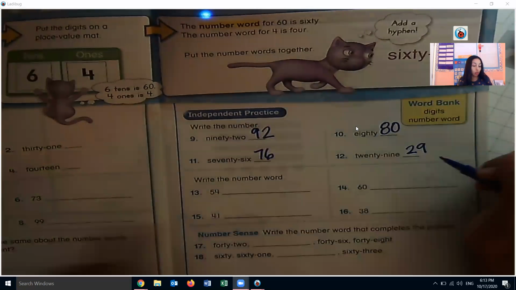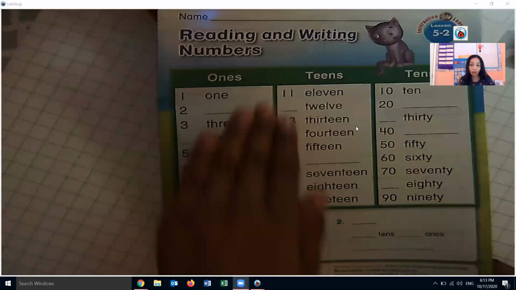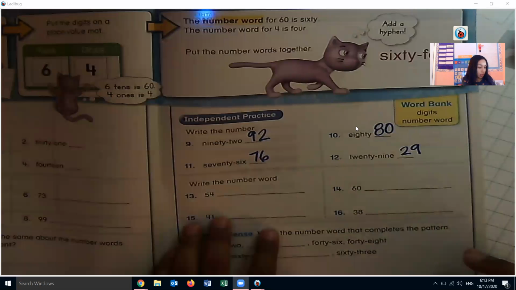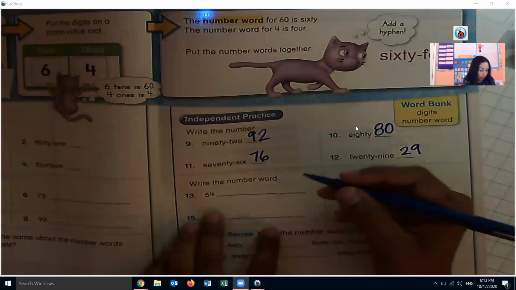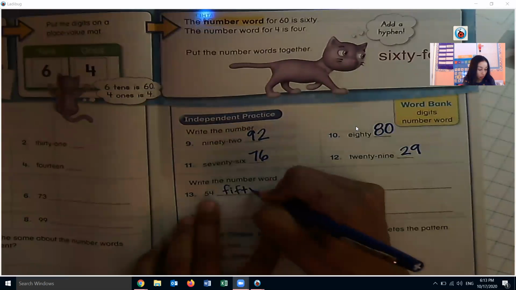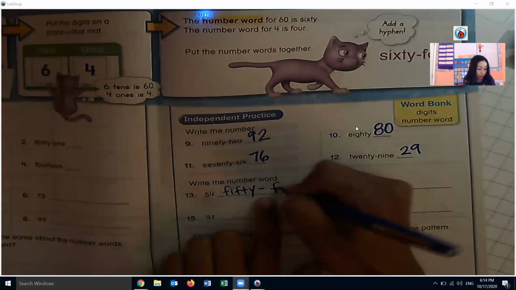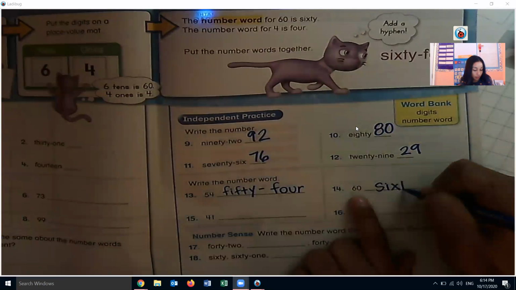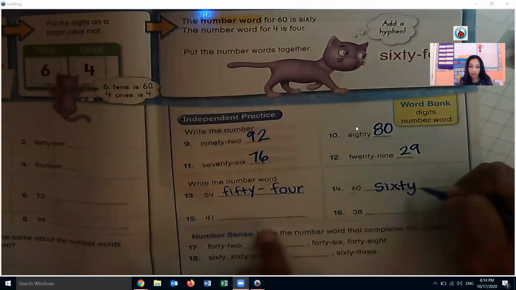Write the number word. So this is where we could use from the beginning, from the front, to help us spell these words. So we have 54. So we're going to write 50, and then we'll put a little dash in between, and the number 4. This is the number 60. No ones, so just 60.